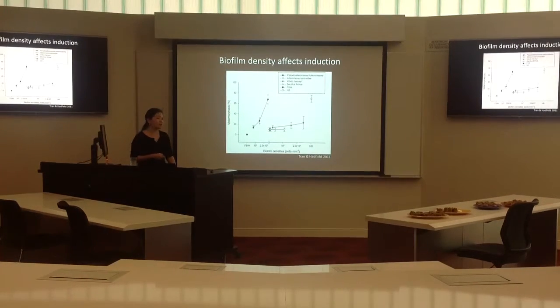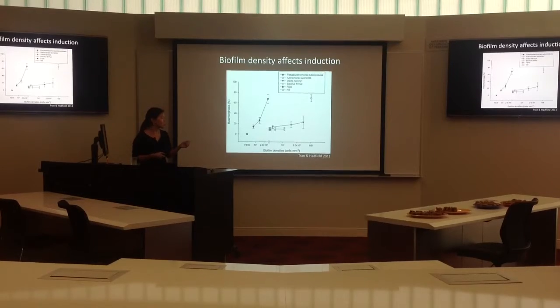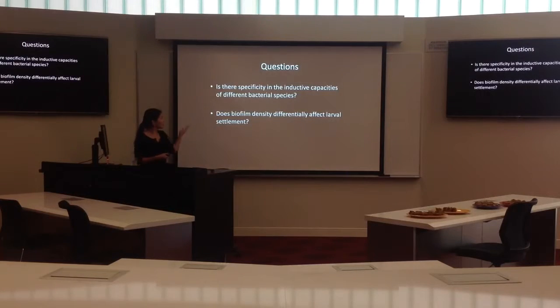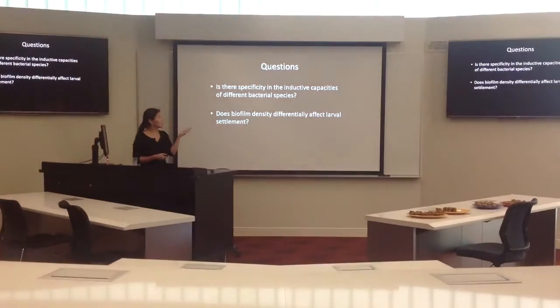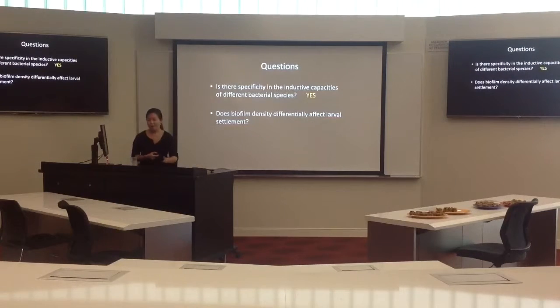And as far as the other ones, no matter how much you increase the biofilm density, it is still a weak or moderate inducer. So going back to these questions: is there specificity in the inductive capacities of different bacterial species? The answer is yes. And does biofilm density have an effect? Only for a strong inducer. As for ones that aren't strong to begin with, you can't make them strong by increasing their biofilm densities.